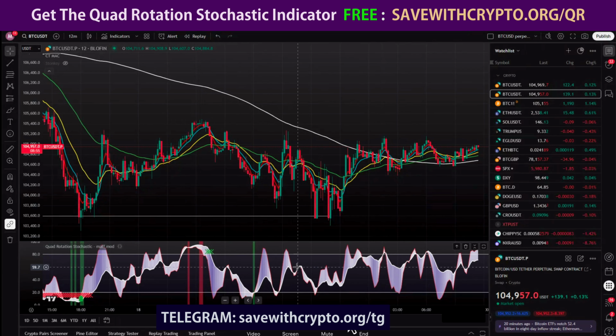The one I'm randomly pointing out there happens to be in the middle of the range, so it's not the best example. That's when you would just say, oh, that's nice.